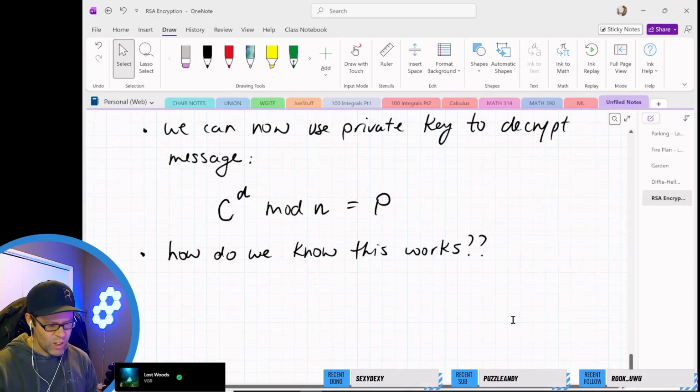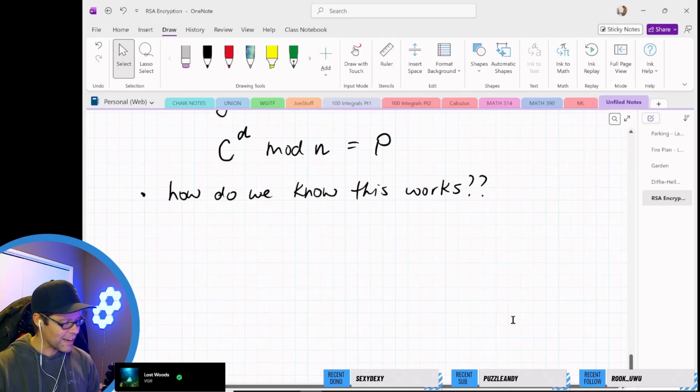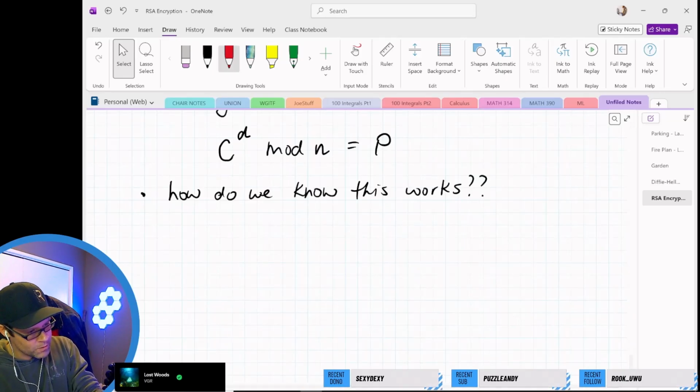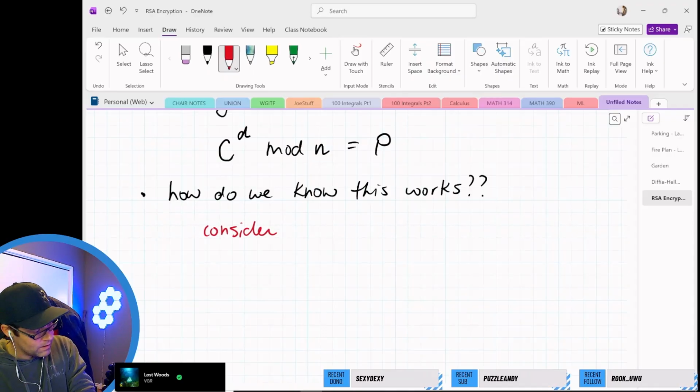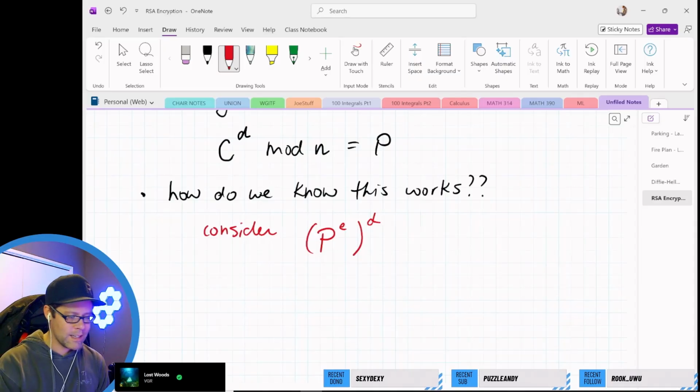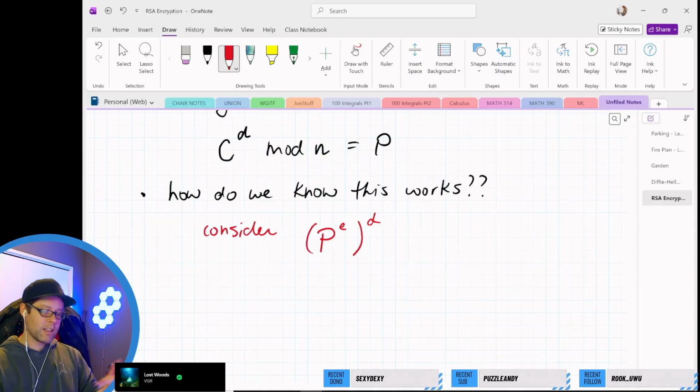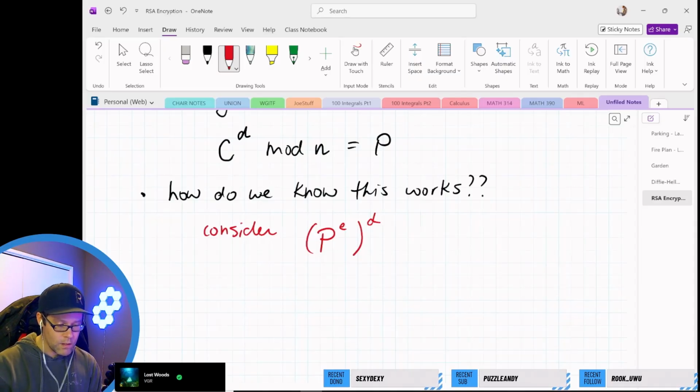And let's see if I can get this logic correct, because this is really kind of cool. So let's consider this. I'm just going to write this in red. Let's say I have the plain text message and I raise that to the power of e, so I've kind of encoded the plain text message.